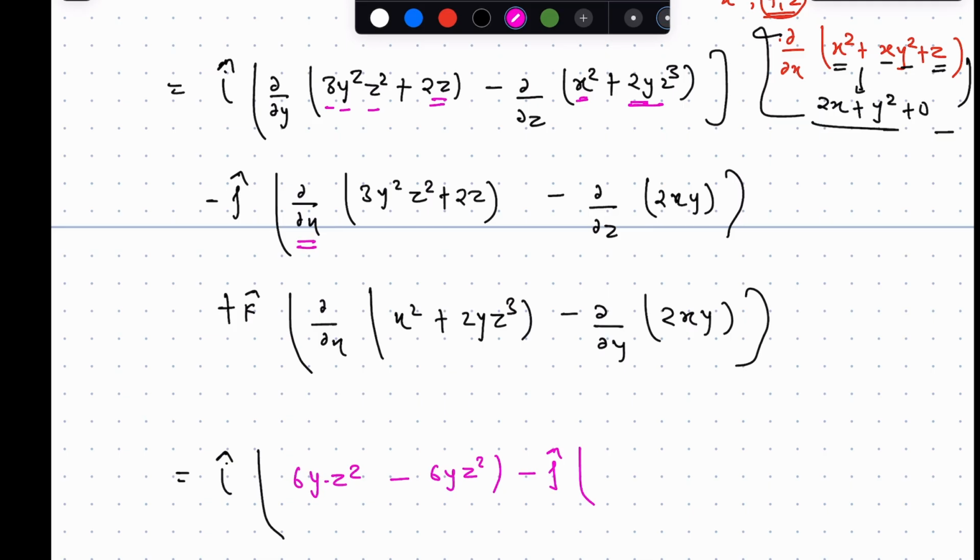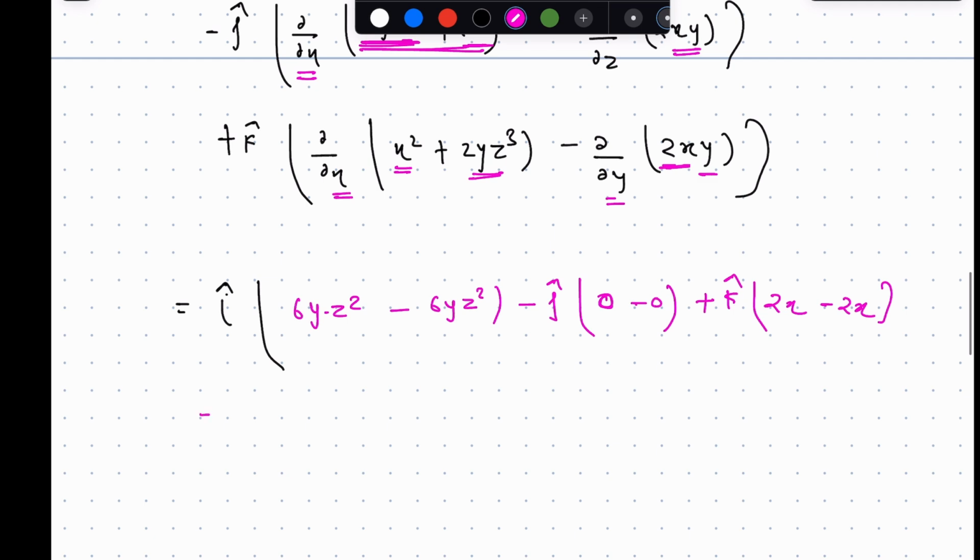And ∂/∂x, here I have y and z, and here I have z, so it becomes constant, and constant differentiation is 0, and here also the differentiation will become 0. Plus k cap, and then the differentiation with respect to x of this term is 2x, and this becomes 0. So I will have 2x, and then here I have ∂/∂y, and the 2 is a constant, and x is a constant, and y differentiation is 1, so again it becomes minus 2x.